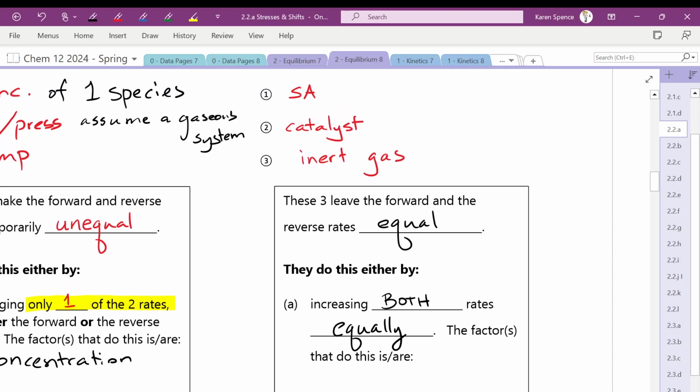Out of those three factors, which things change both rates equally? Catalyst. How about surface area? Does surface area change both rates equally? Yes, it does. So surface area.